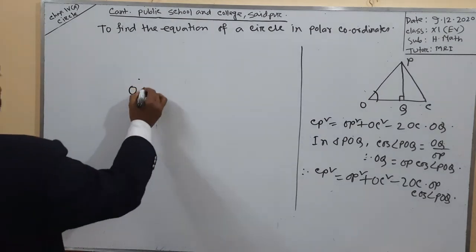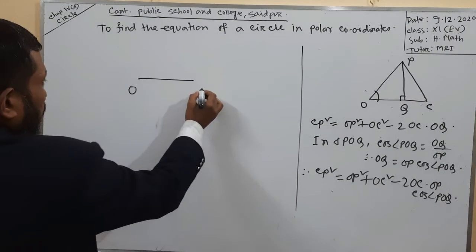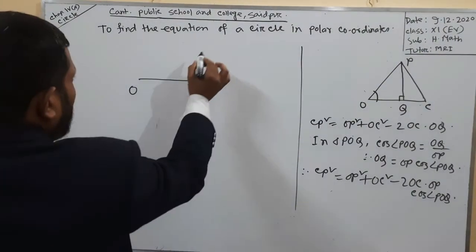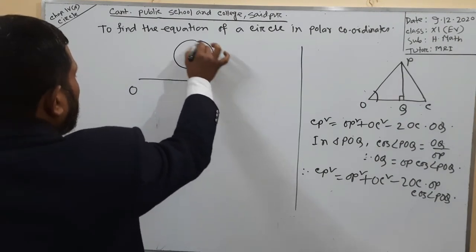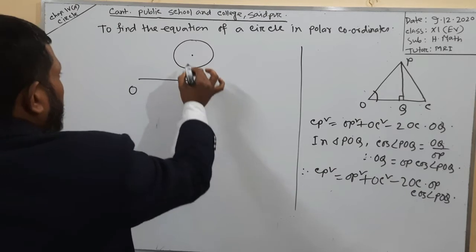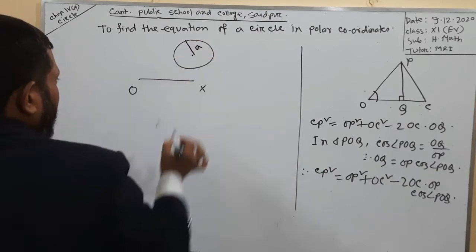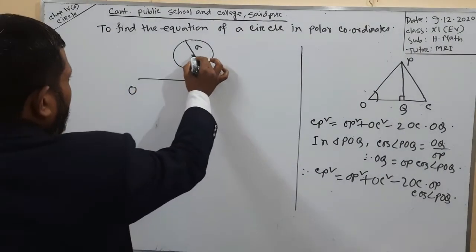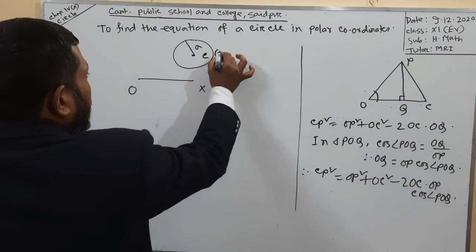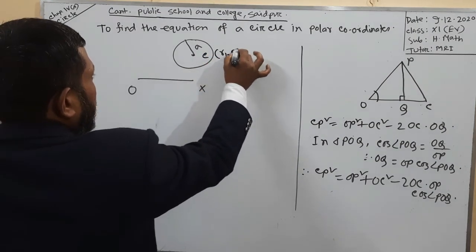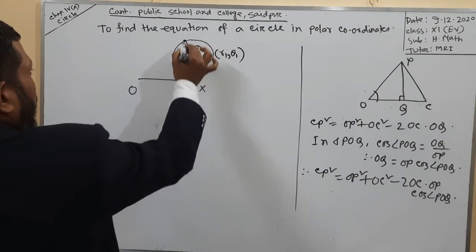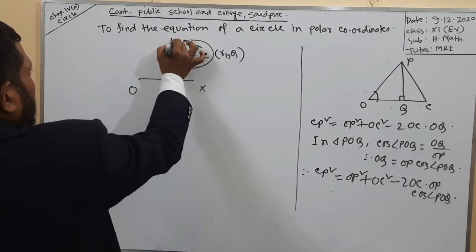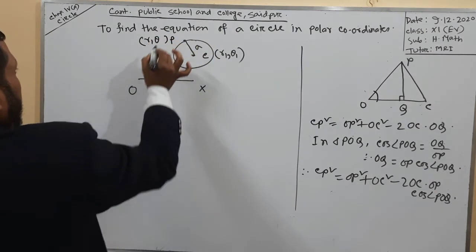Now I am proving this. Suppose O is the pole and OX is the polar axis. Let A be the radius of a circle with center C (r1, theta 1), and P be any point on this circle with polar coordinates (r, theta).